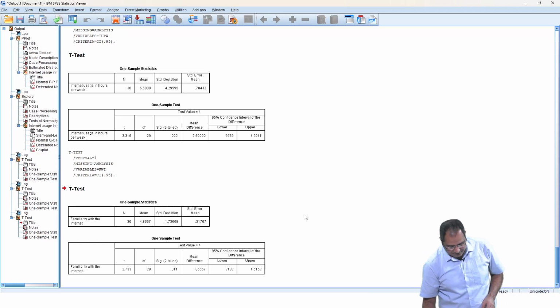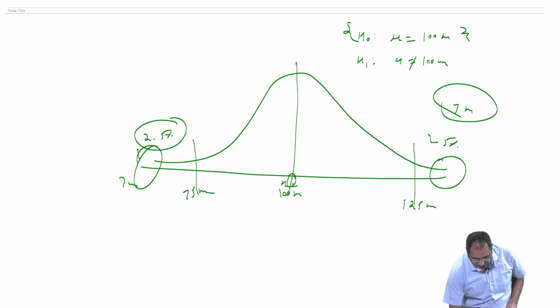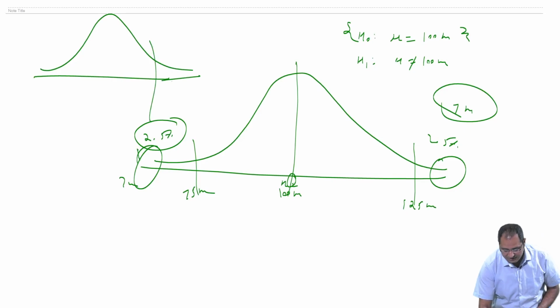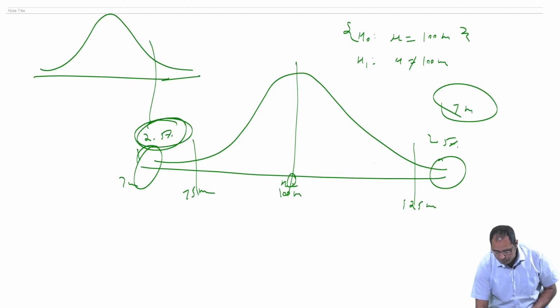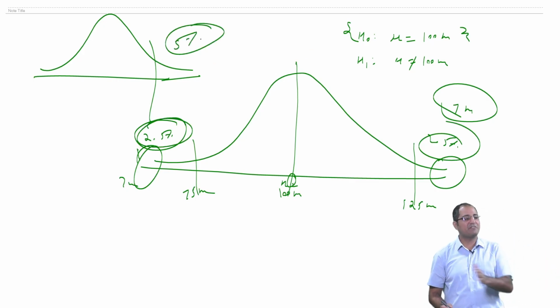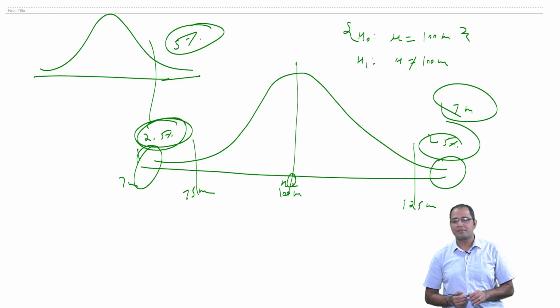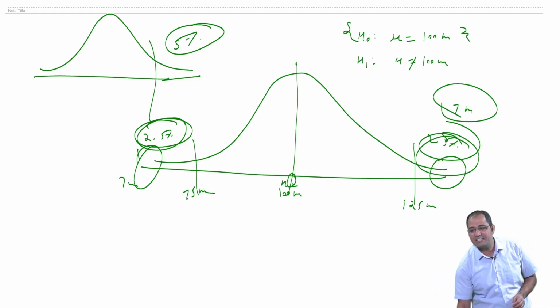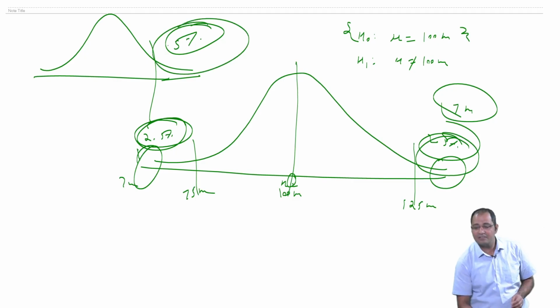One-sided p is, so this is two-sided. When a directional hypothesis is there, we only look at one side. So earlier this is 2.5%, 2.5% here. Now in a directional hypothesis we look at 5% on whichever side the hypothesis is made. So earlier it was only 2.5% area here, now it is 5% area.